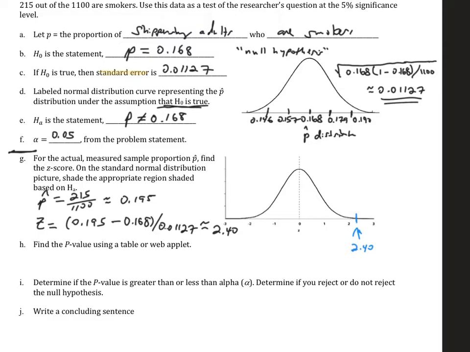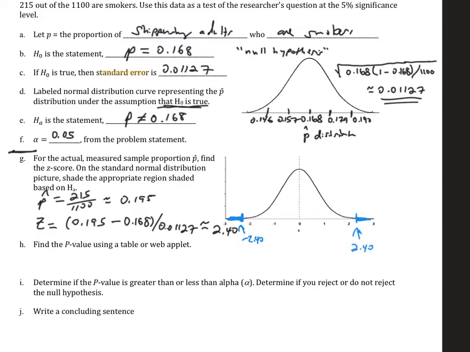The idea of p-value allows us to turn that into an actual probability statement. To find the p-value, all I need to do is shade my picture, and it's hard to even see it. There's so little of it out here. So I'm going to shade on that side, but that's how unusual that particular value is. Just as unusual would be things that are over here to the left of negative 2.40. So if I want to write down everybody that is that unusual or worse, I would shade in both sides of this thing.